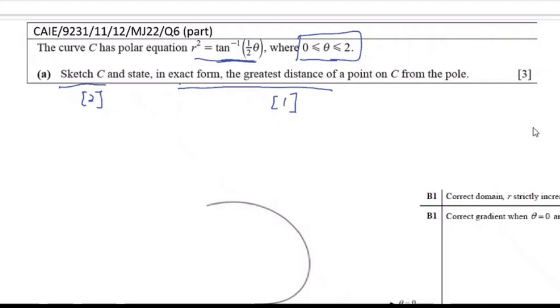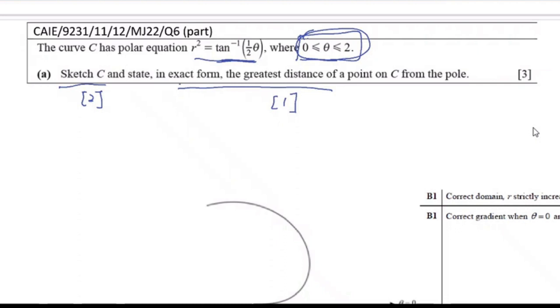Even if we are really not sure what happens to the function, we could always substitute some middle values from 0 to 2 for theta to check whether r is always increasing or always decreasing. In this case, the r squared value is always increasing, so we expect that r gets larger and larger.